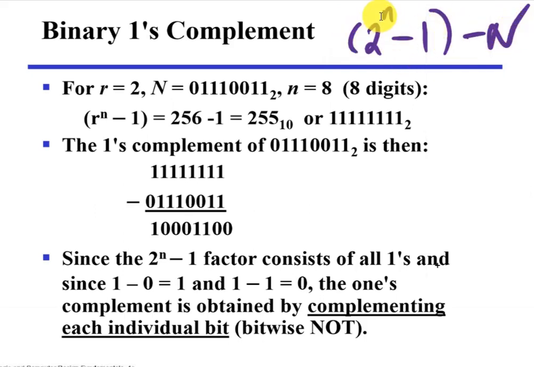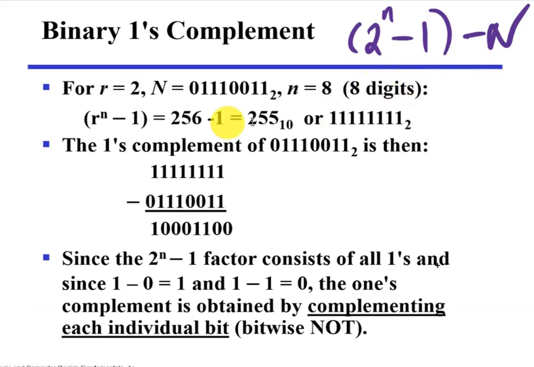Here 2 to the n is represented by a 1 followed by zeros, and 2 to the n minus 1 is a binary number represented by n 1's. For example, here n, the number of digits, is equal to 8 bits, base 2, 8 digits.